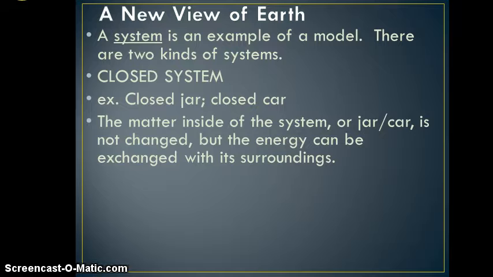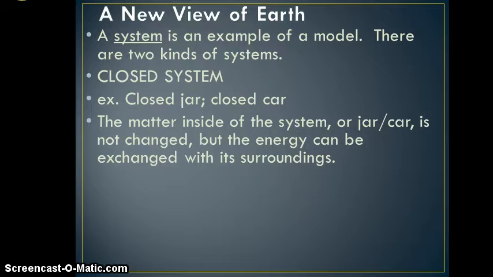Similar to the way the Earth is a closed system, we're not getting any more materials really added to the Earth, and we're not really giving off any materials to outer space. However, we are getting an exchange of energy. We give off energy to outer space, and we get energy from the sun. So energy can move around freely, but matter cannot.